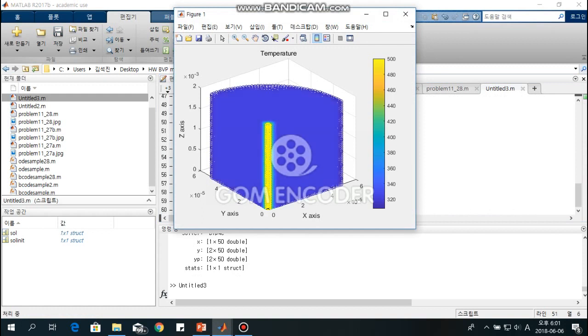As you can see, the temperature is increasing. The convection and radiation cut off the increase of the temperature, but not perfectly.